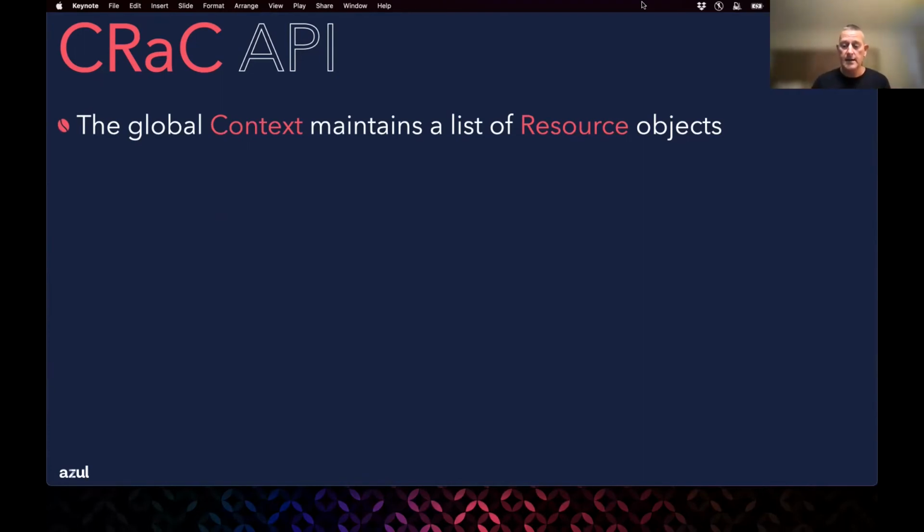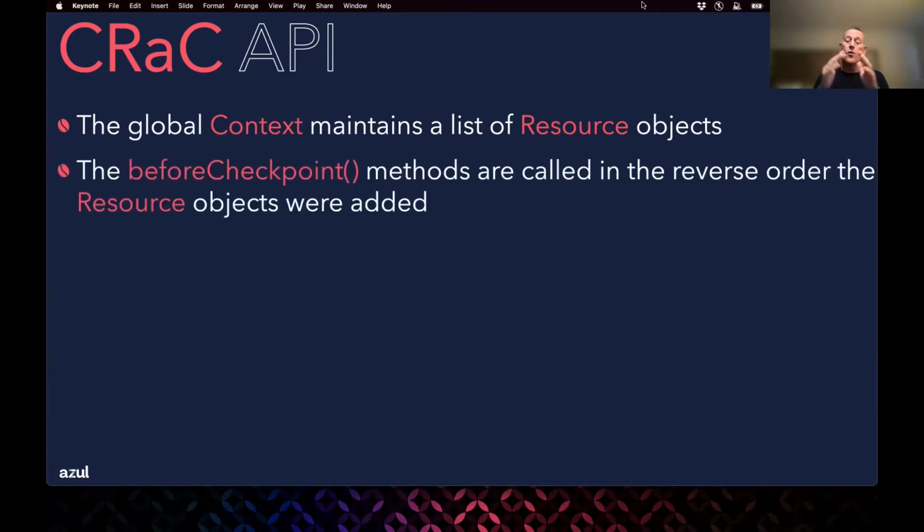That's the main idea. And what happens then is this context takes care, first of all, it maintains the list of all the resources, right? And then it takes care of the order in which these resources will be called, because it's important. For example, if you have resources that depend on other resources, you have the database, for example, and then you have another resource that reads something from the database or writes something to the database. That means the database has to be there before you can use the next resource, right?